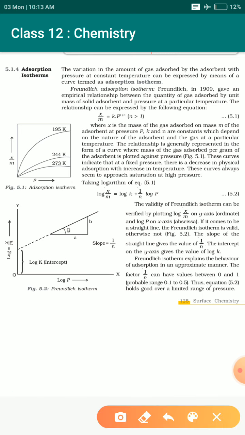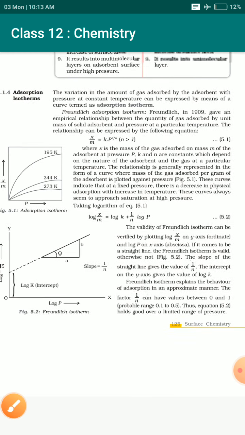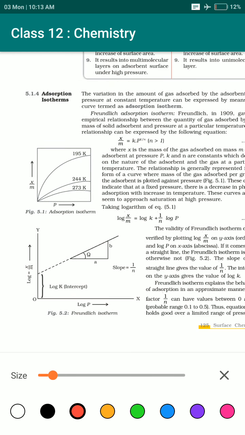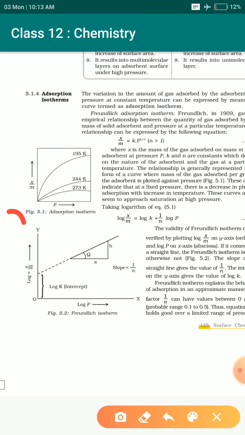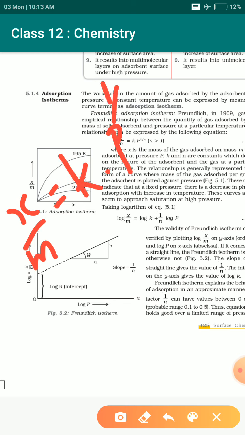Okay, now we had taken that value of x by m equals k into p to the power 1 by n. We said that this n will be always greater than 1.